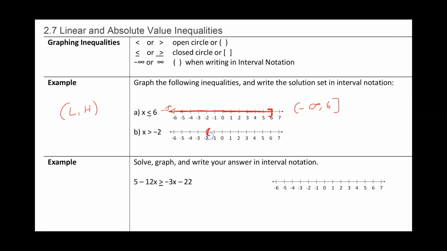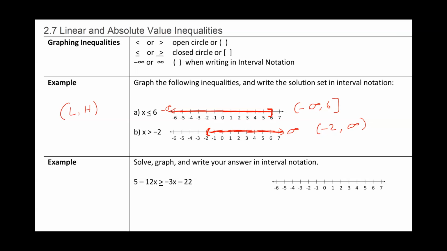And since we want the set of all numbers that are greater than negative 2, the numbers get bigger and bigger, and when numbers get bigger and bigger, they will approach positive infinity. So in interval notation, the smallest value in our solution set is negative 2, but not including negative 2. So we'll put parentheses, negative 2, and the numbers are approaching infinity. So our solution set notation will be negative 2, comma, infinity.